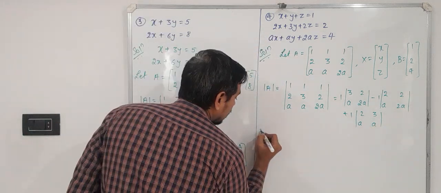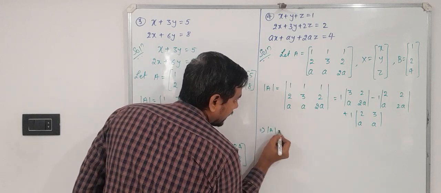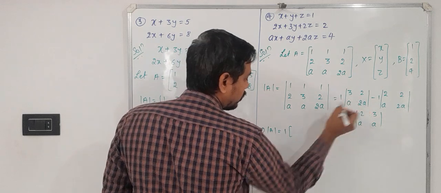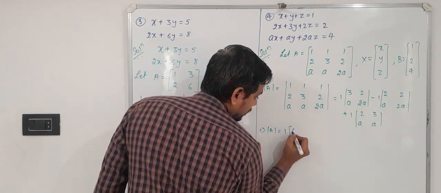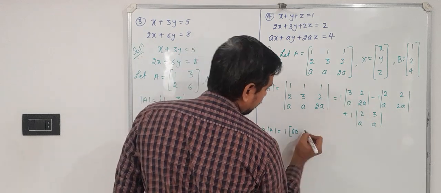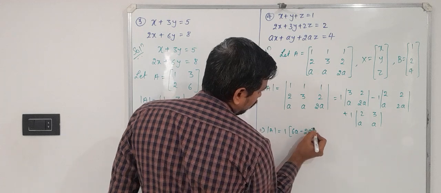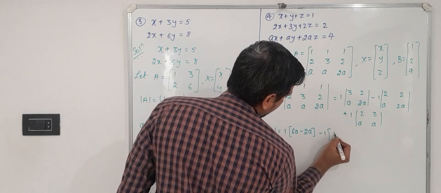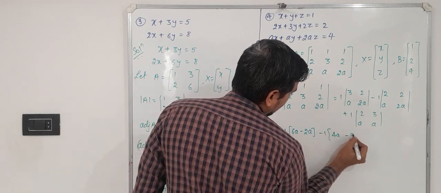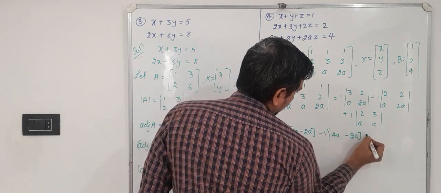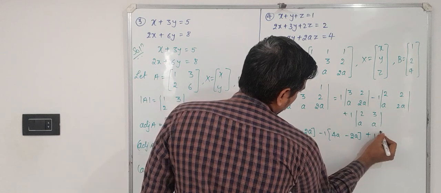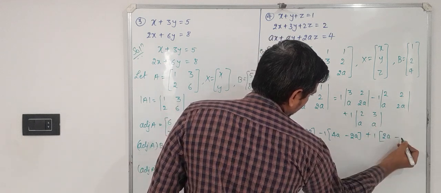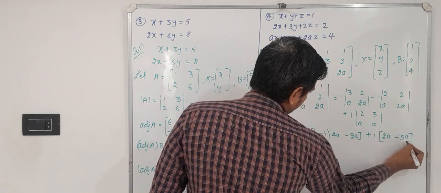So now determinant A is 1 into 3 into 2a, which is 6a, minus 2a, minus 1 into 2 into 2a, which is 4a, minus 2a, plus 1 into 2 into a, which is 2a, minus a into 3, which is 3a.